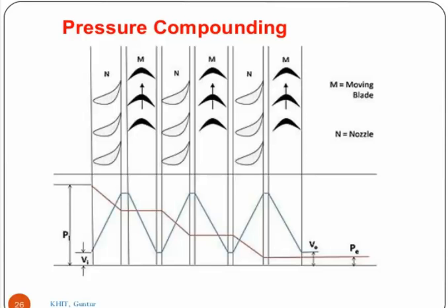As it enters, the pressure will drop, and from the second nozzle it will again drop. Simultaneously it will move further and the pressure will drop, and finally the pressure remains very low, which will be evaluated as Pe, and the velocity that exits from the turbine will be Ve.